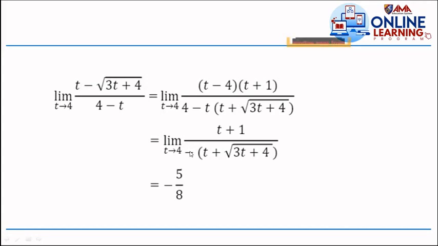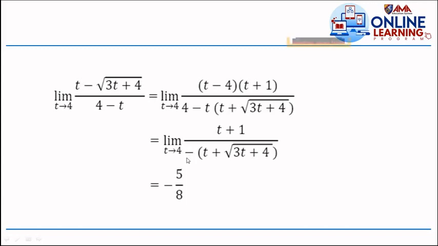Negative times negative t, magkakaroon tayo ng positive t. Negative times positive 4, meron tayong negative 4. Kaya, negative multiplied by the quantity 4 minus t, magkakancel na ngayon yung t minus 4, t minus 4 dito. Kaya merong naiwan na negative dito.